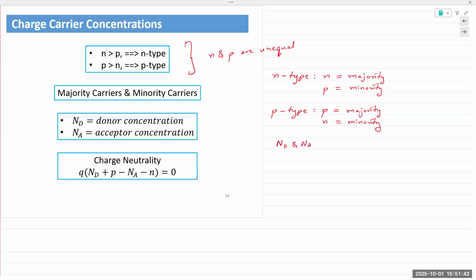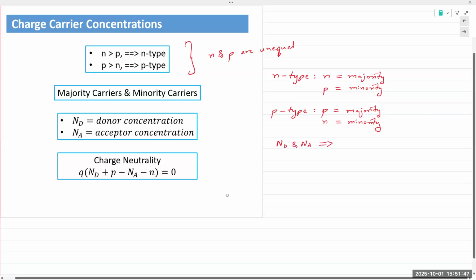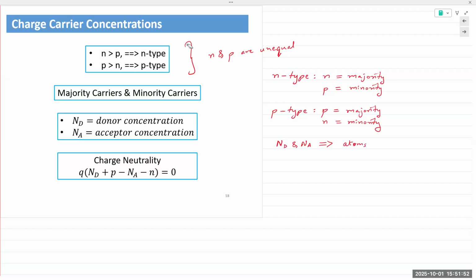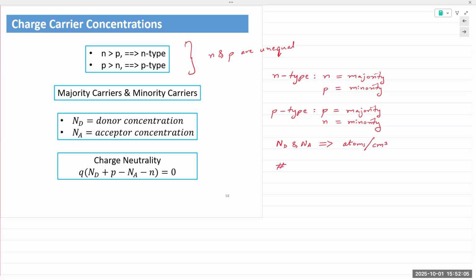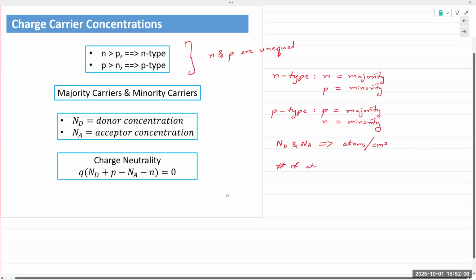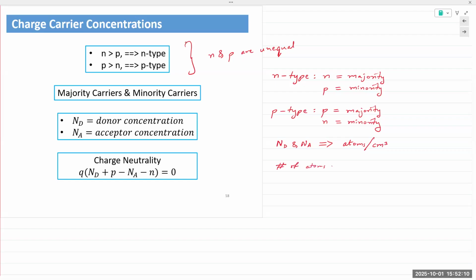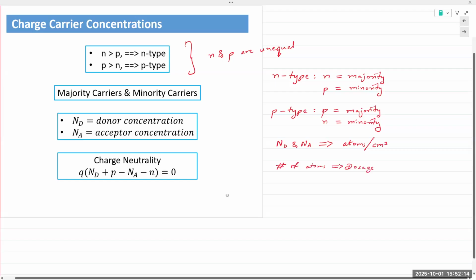ND and NA. They're basically atoms per centimeter cube. These number of atoms that we choose are also known as dosage.